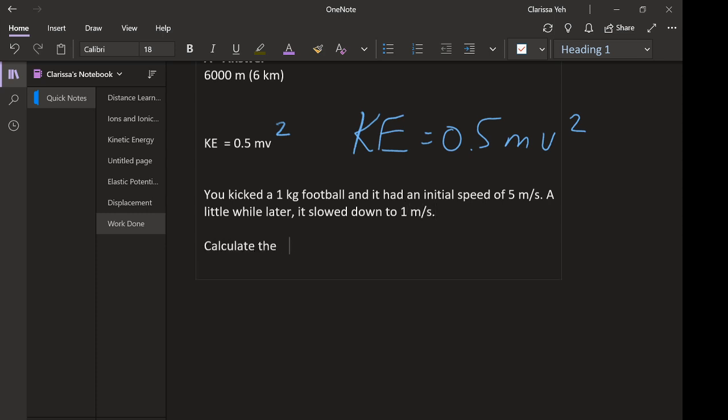Calculate the work done by, not calculate, state the work done by friction. So that is my question, and that is very common exam style wording, because you might think, I see the words work done, that means I'm going to use W equals Fs.